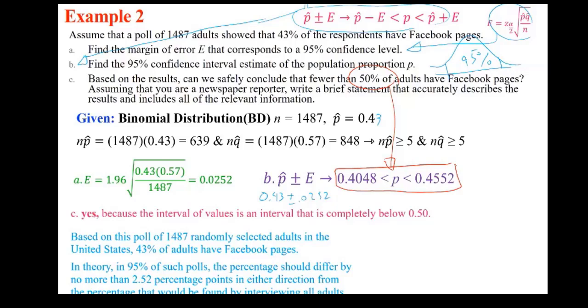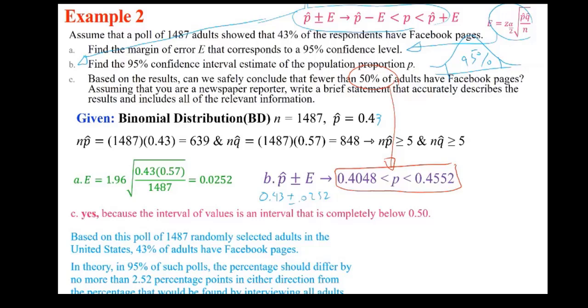In other words, we are 95% confident that the interval from 0.4048 to 0.4552 actually contains the true value of the proportion p. That's the idea behind this concept. So that's how you do the interpretation.